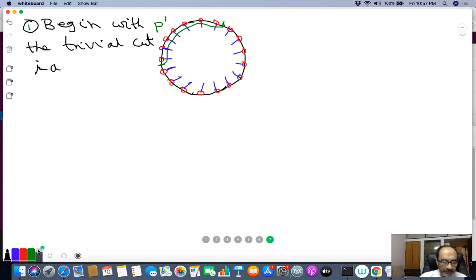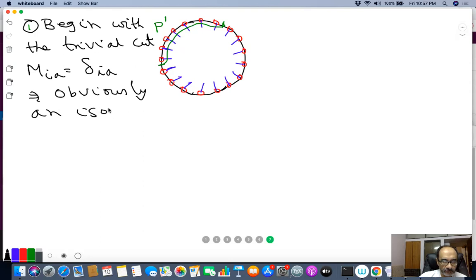So for this, M_IA is just delta_IA. Each link is just directly connected to the boundary qubit. So this is obvious and isometric. Here it is the identity map. Is that clear? So this will be our starting cut.